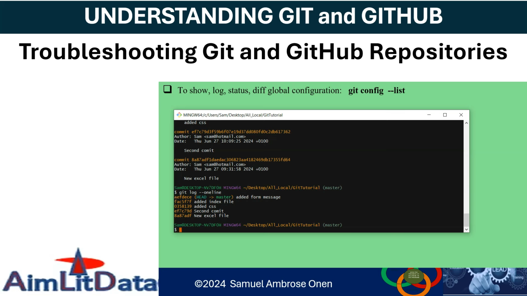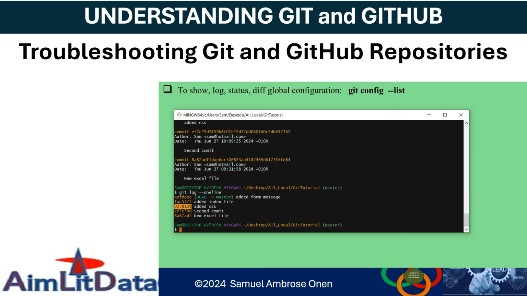Now from here, my friend, if you want to know what exactly happened with a specific commit ID, it is easy for you to use that short version of the commit ID to look inside the commit itself and see what has actually been done.